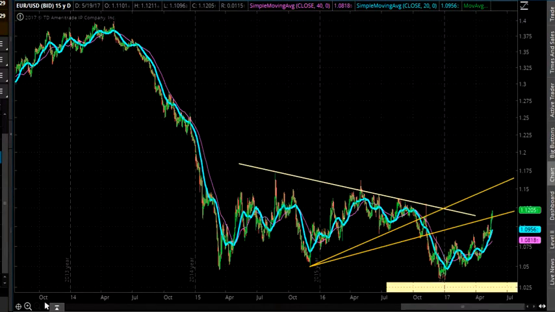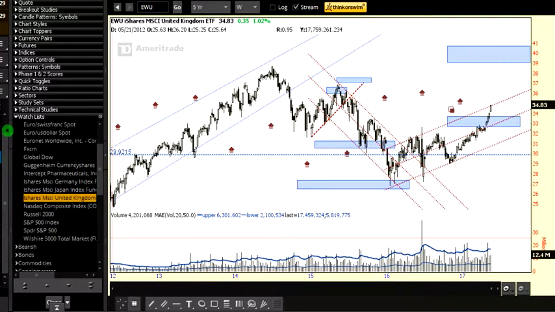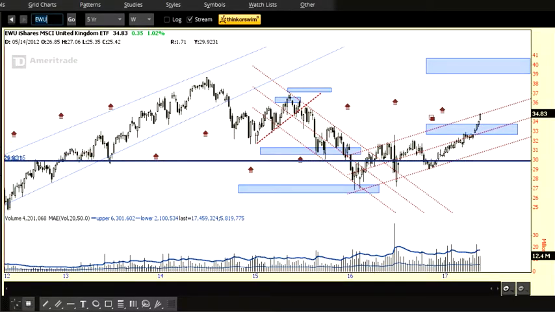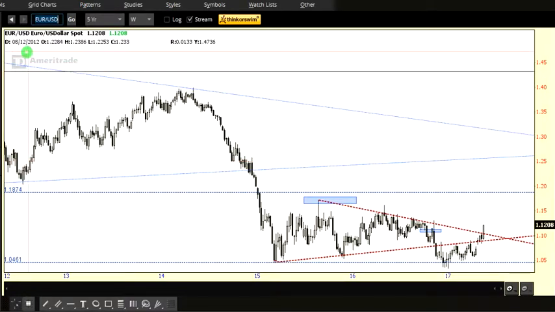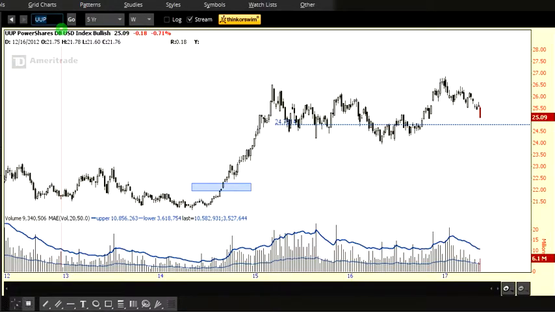Let me go back to the profit charts. For the euro US dollar spot, that's the euro US dollar. Where's the ETF? I had an ETF on here somewhere. Well, let's see, the UUP is for the dollar up, and I forgot what the dollar down is, but there's an ETF for the dollar down.